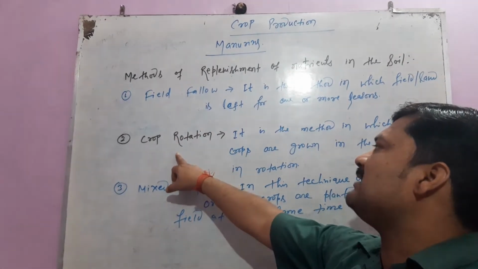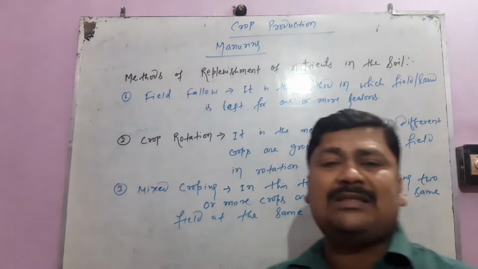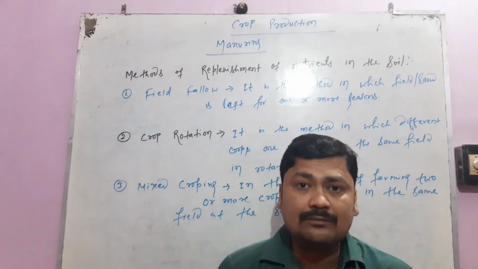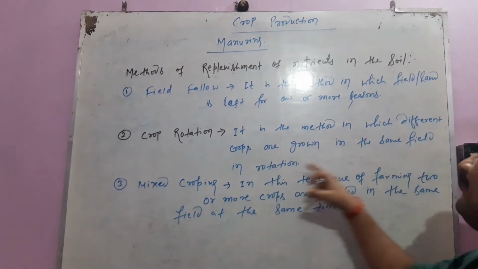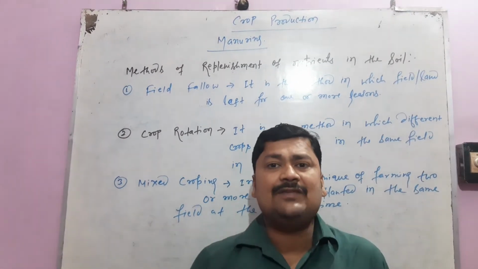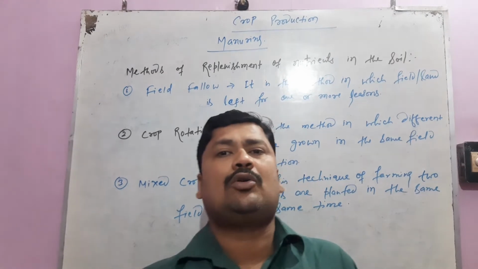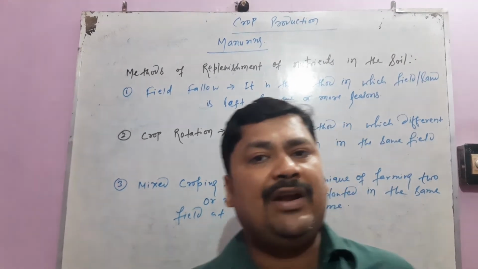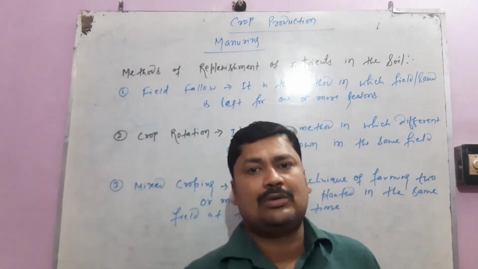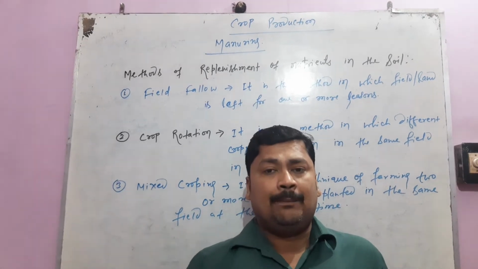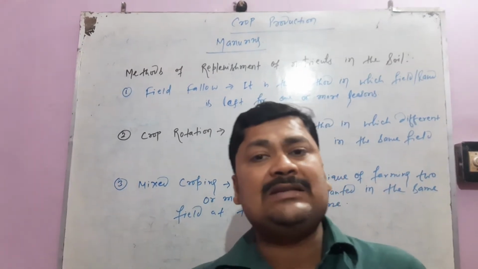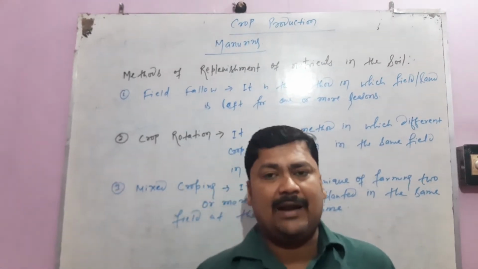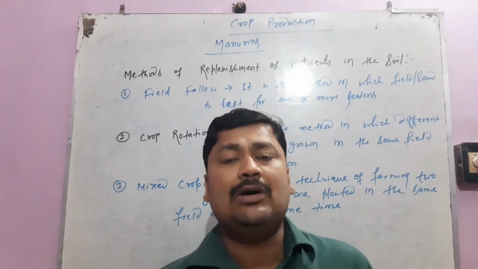Now the next topic is crop rotation. It is a method in which different crops are grown in the same field in rotation. As we know, rice and wheat, both crops require a large amount of nitrogen for their growth. But between these two crops, we also plant some leguminous plants.